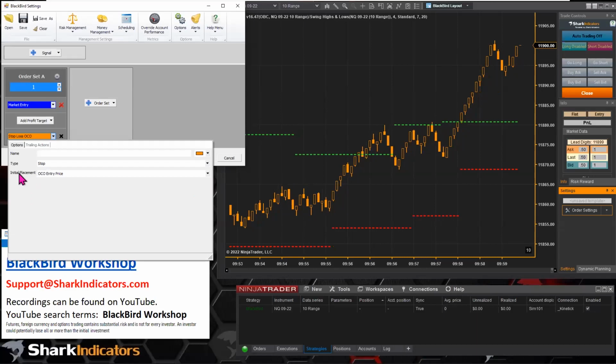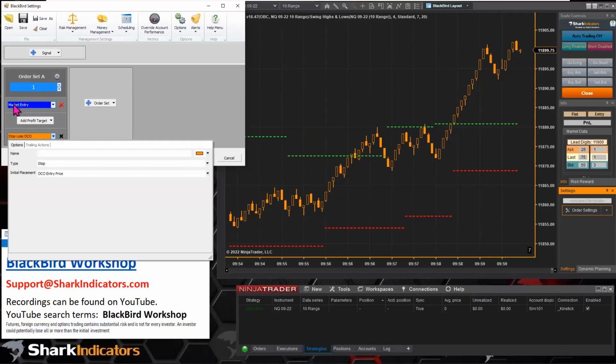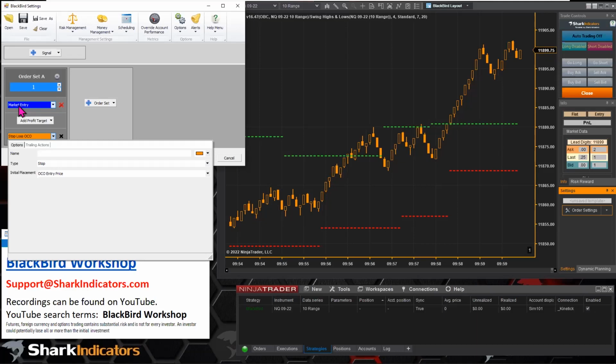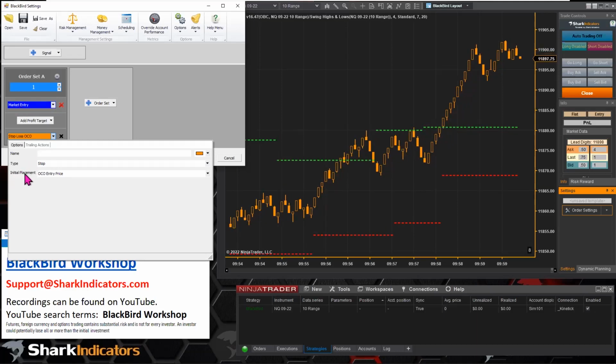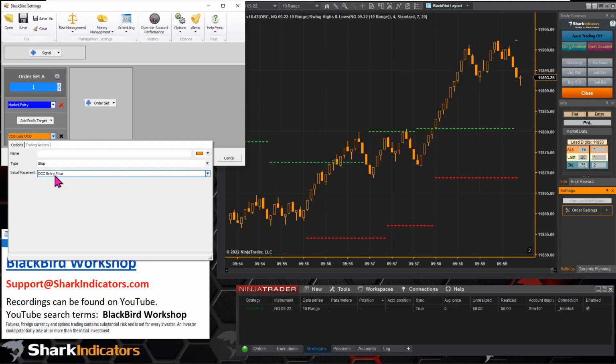Now, with all orders, in other words, with stop losses and profit targets and limit or stop entries, obviously with a market order you can't set a price. But if the entry was a limit or a stop, there is this initial placement, and as the name implies, this picks the initial price at which the order will be placed.